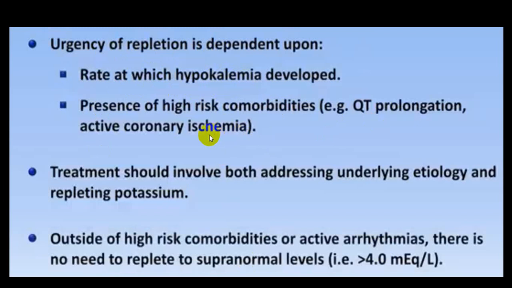Then the person should be treated with potassium replacement, mainly by IV. Treatment should involve both addressing the underlying etiology as well as replacement of potassium. Outside the high risk comorbidities or active arrhythmias, there is no need to replace to supranormal level. So don't bring it above 4.